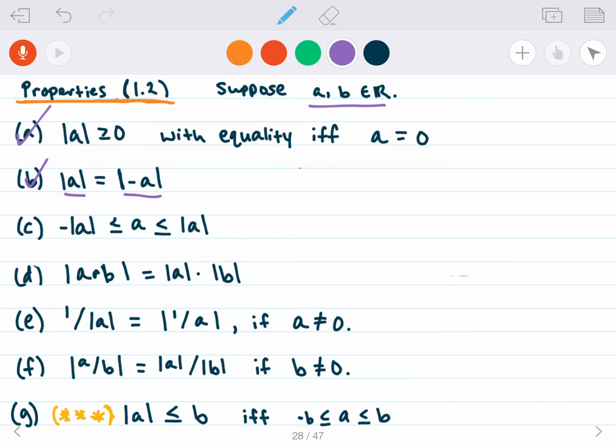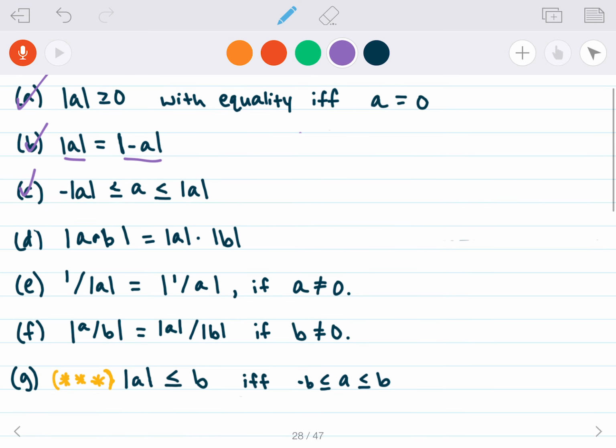This is easily verified as well: A is greater than or equal to negative abs A, less than or equal to abs A. The absolute value function is multiplicative, meaning that if you take the absolute value of A times B, you can break it up as abs A times abs B. So for instance, if you have x plus 3 times x plus 2, you can break it up as abs x plus 3 times abs x plus 2. Okay, that's all it's saying.